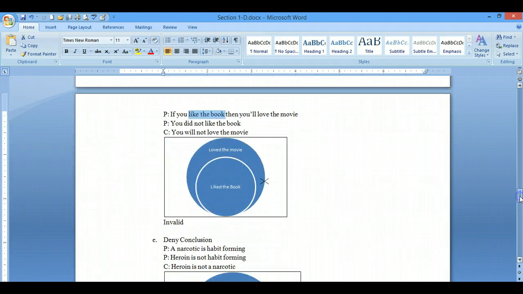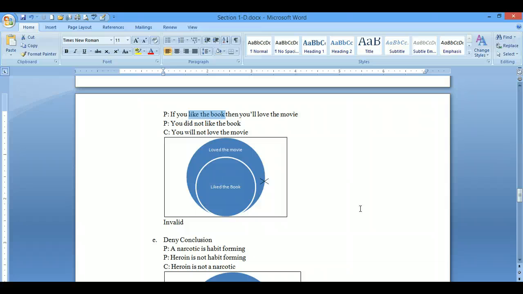And the last one, denying the conclusion. A narcotic is habit forming. The next premise, heroin is not habit forming. So the conclusion, heroin is not a narcotic. So am I leading us there from the shoulder width V down to the narrow point?